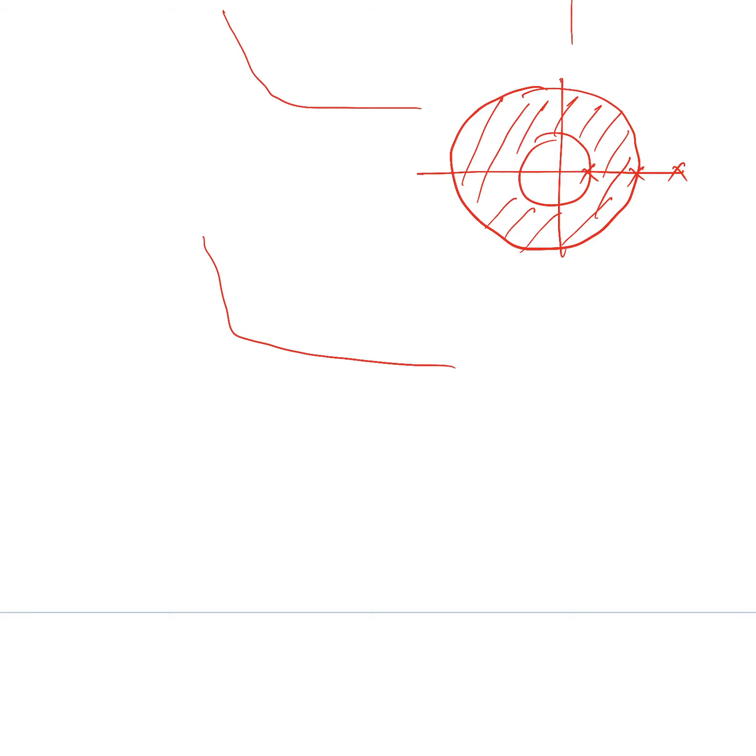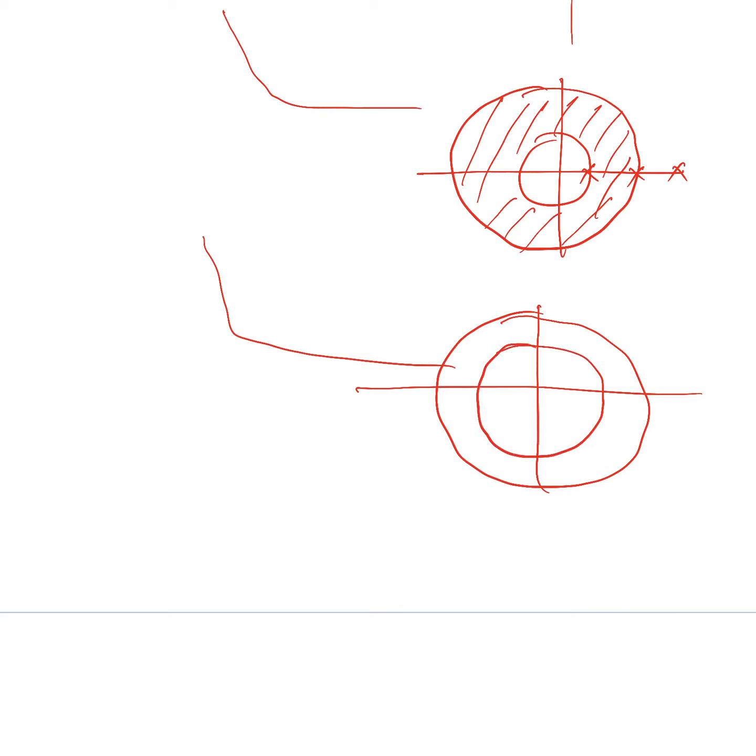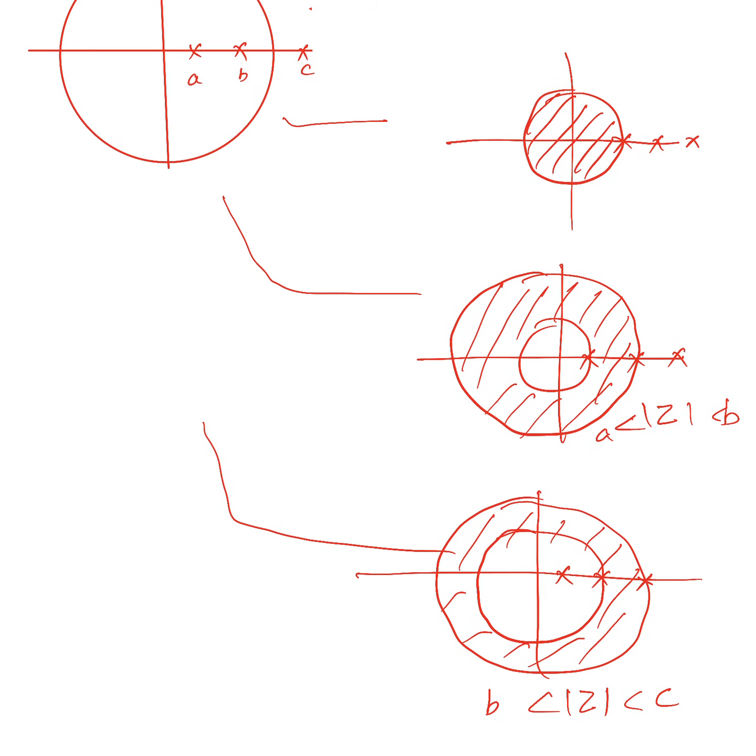Now the next case, since we have three pole locations, we can have another ring between B and C. So this is the region where you have mod of z lying between B and C, and for the other you have mod of z lying between A and B, where A, B, C are the locations of the poles.